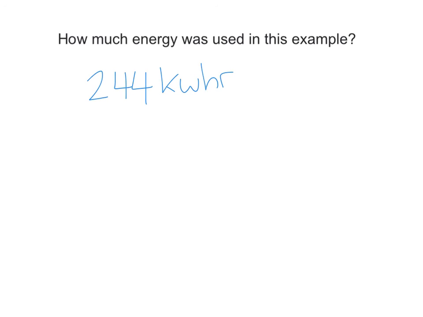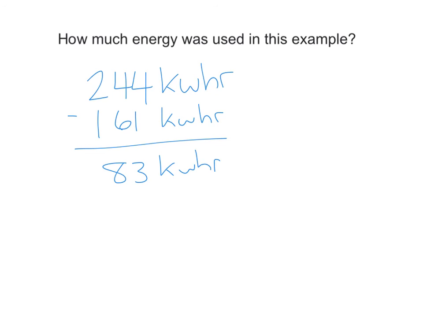We have 161 kilowatt hours previously. So basically, the amount of energy used from the beginning time period to sometime later is the difference between these two. When we subtract these, we'll find out that there's a total of 83 kilowatt hours being used.